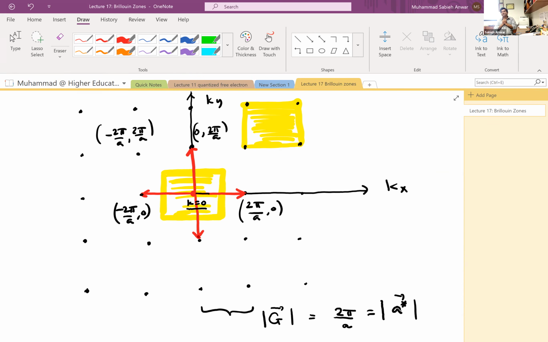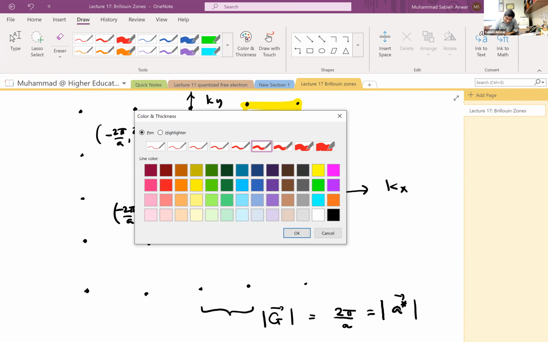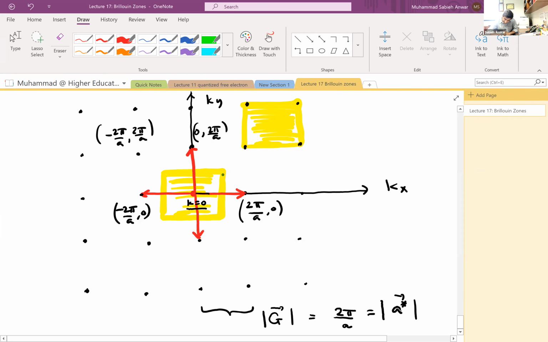And then what I do is I bisect each of these vectors. Each of the red lines that I've drawn is a reciprocal lattice vector. I bisect each one of them. Of course, I bisect by planes.